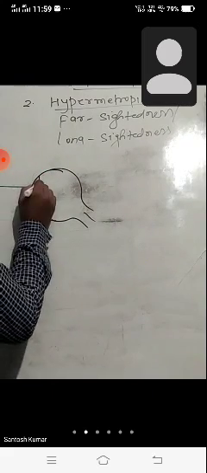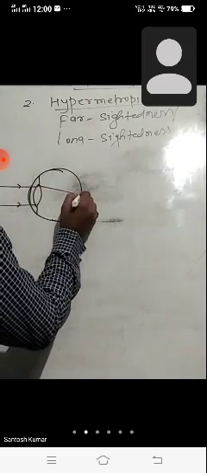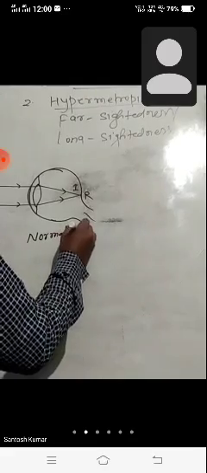Simply what is happening, light ray is entering through the lens, that is a convex lens, and the image gets formed on the retina. This is happening in the case of the normal eye.